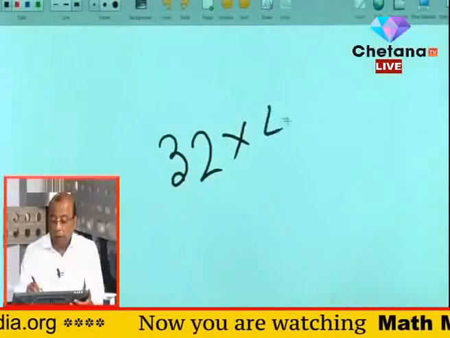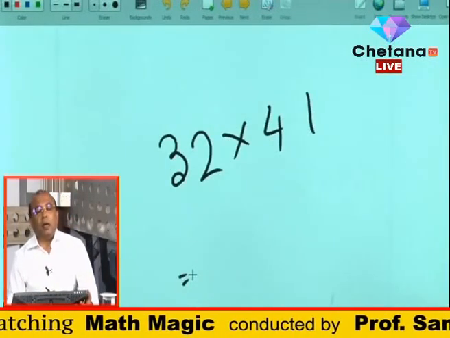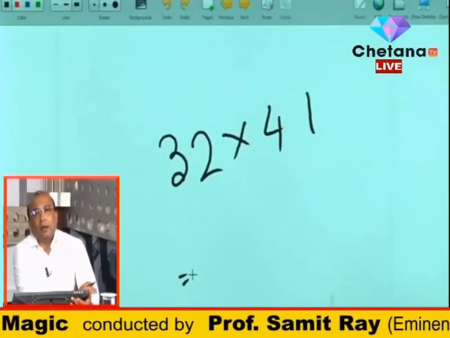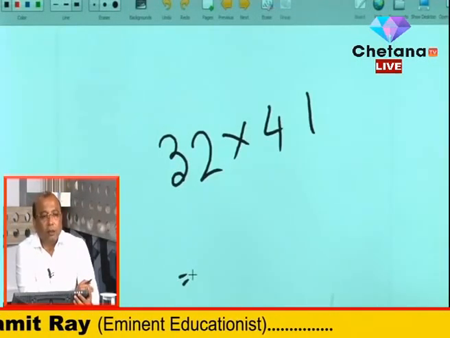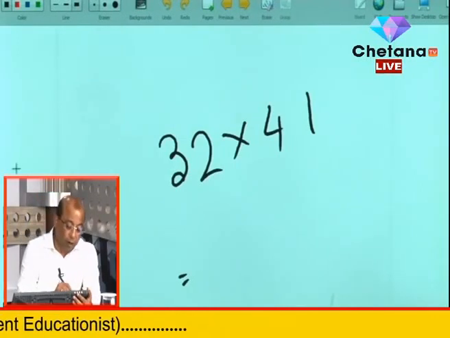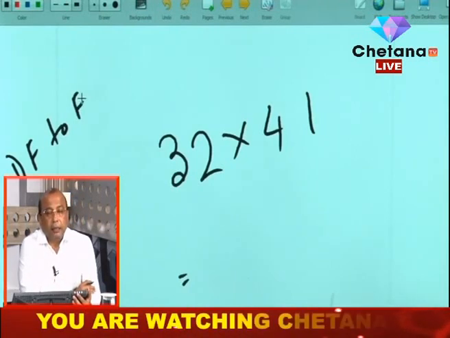Next we will go for the step 2. 32 into 41. Try to remember step 1, far to far. Number 2, near to near and far to far, and add, and next far to far. So yes, step 1, far to far. From which point we will start? We will consider the left hand numbers.